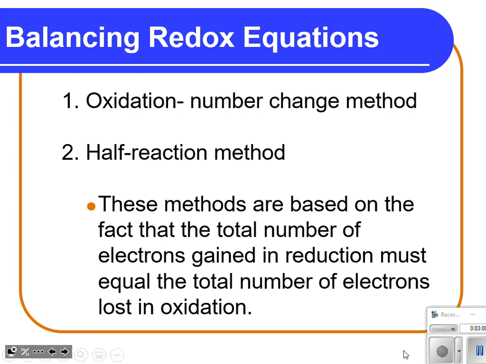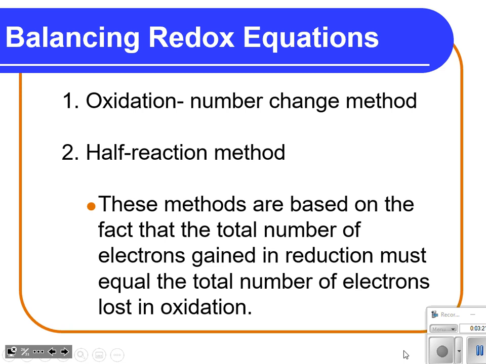These methods are based on the fact that the total number of electrons gained must equal the total number of electrons lost. Remember, gain electrons reduction, GER; lose electrons oxidation, LEO.